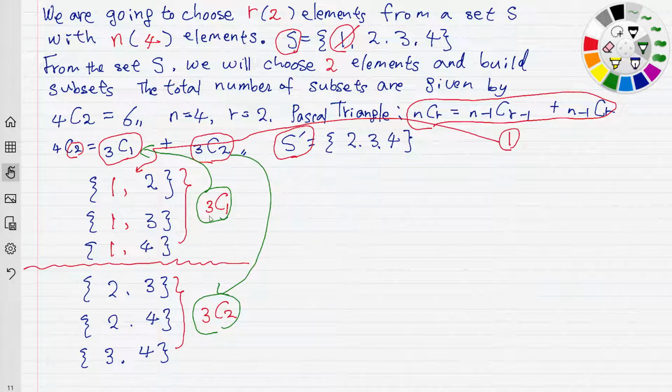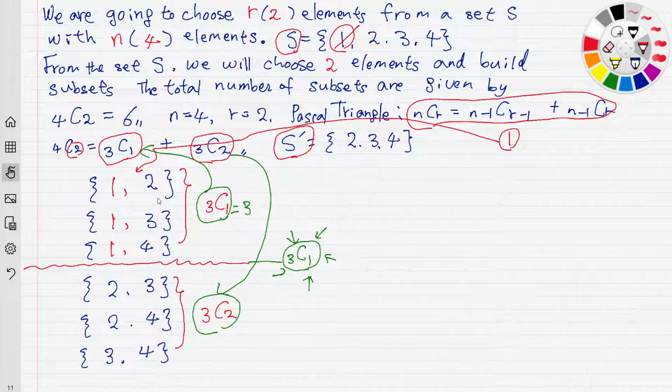Okay, so this number is 3C1. This number is the boundary between two groups.